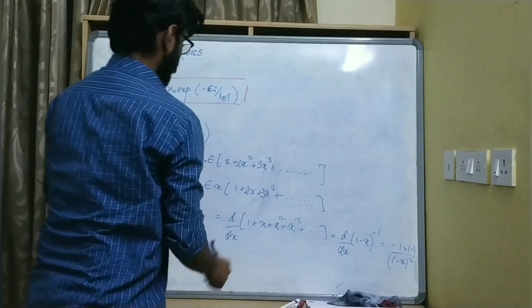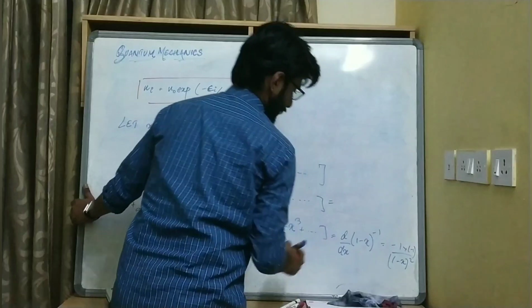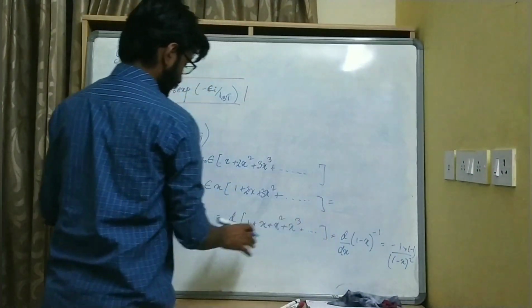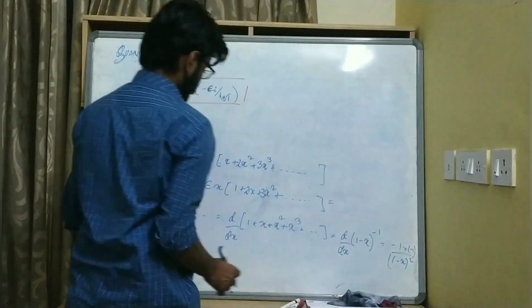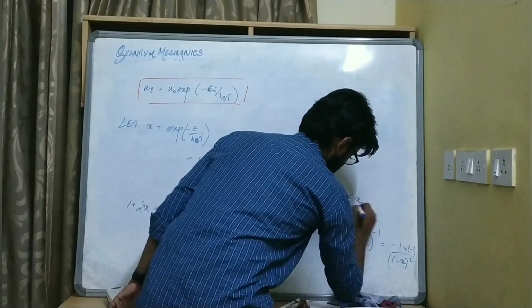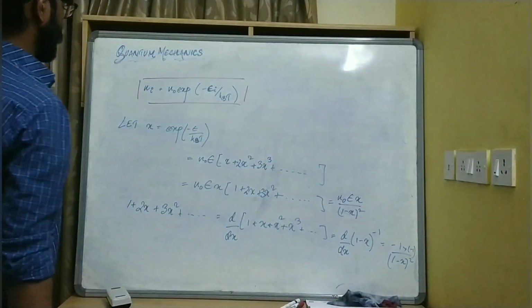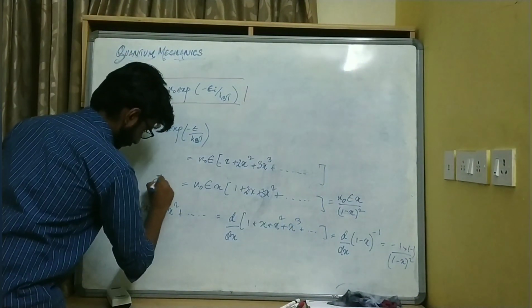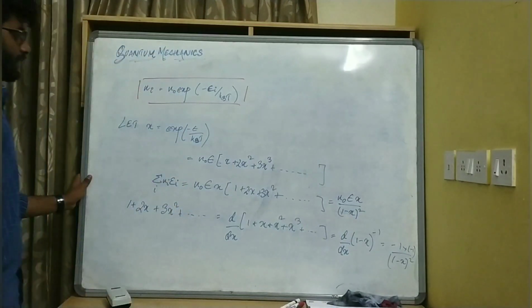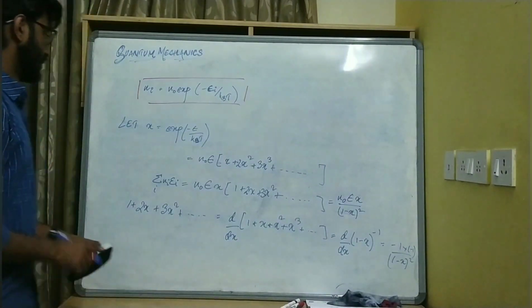Or this expression turns out to be, just keep with the flow of this language, this term becomes n0 epsilon x by 1 minus x square. So you get the term ni epsilon i summing over all i's, and you have the term for the total number of oscillators.